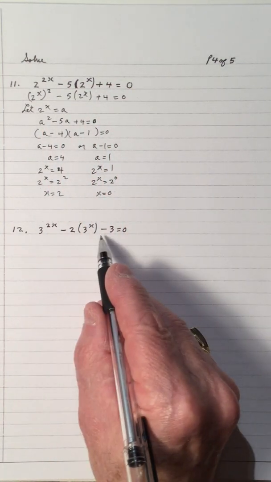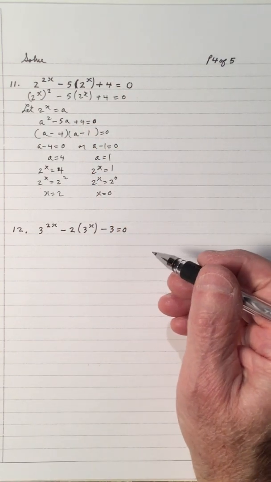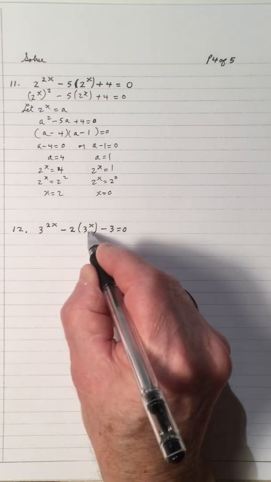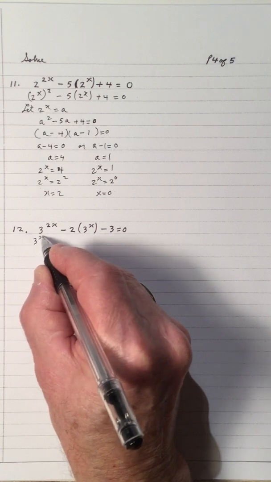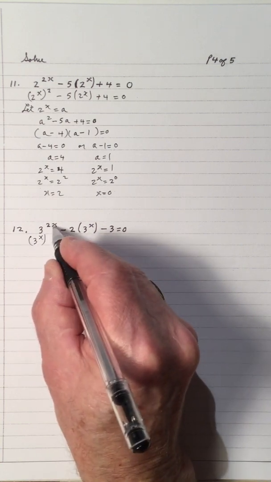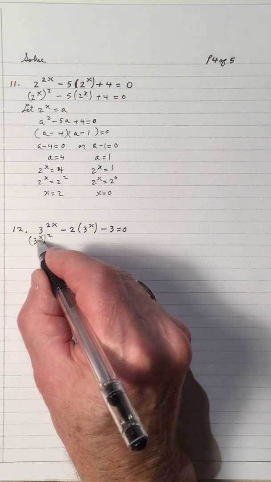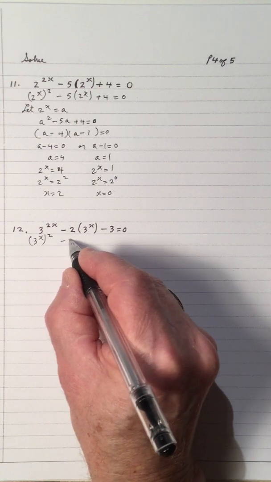And this is very similar to this one here. I just did them back to back, because if you ever get it on a quiz, then you'll remember what to do. Again, this is 3 to the x. If you put a 2 here, power of a power, so 3 to the 2x is the same as 3 to the x squared.